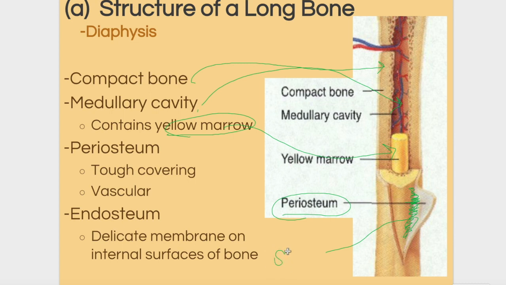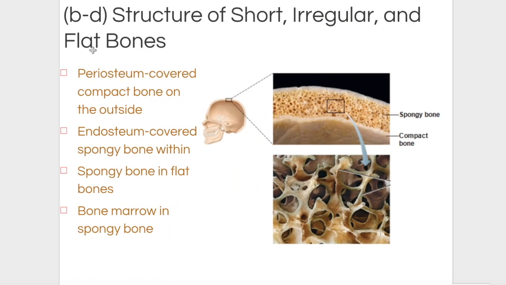These are called Sharpey's fibers. And then on the innermost layer we have the endosteum, which will line all of the surface of our spongy bone.